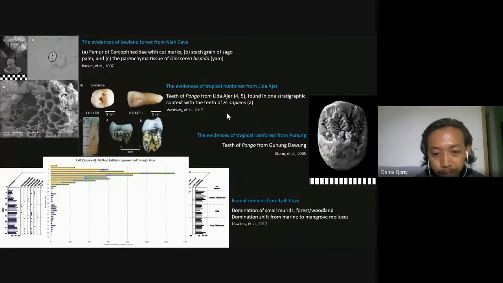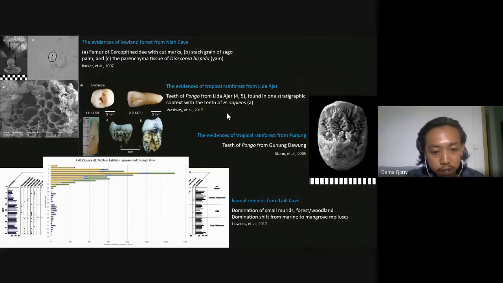And also, in the Lailia cave, we can see how the humans that lived there adapted to the insular environment, by the presence of mollusk remains.